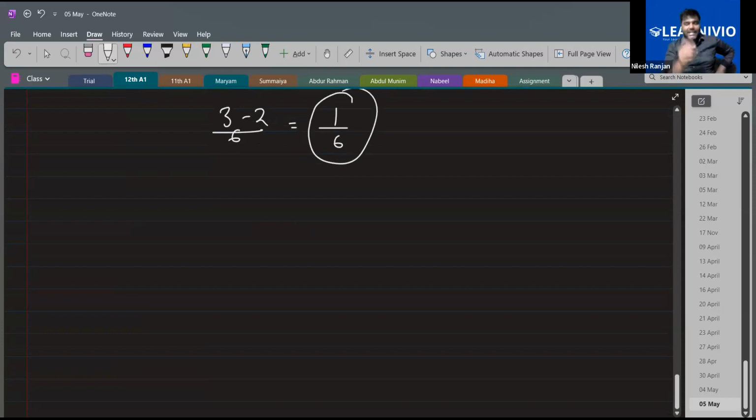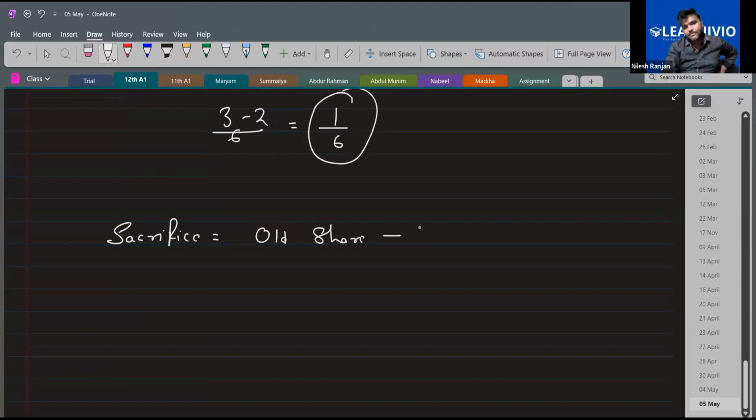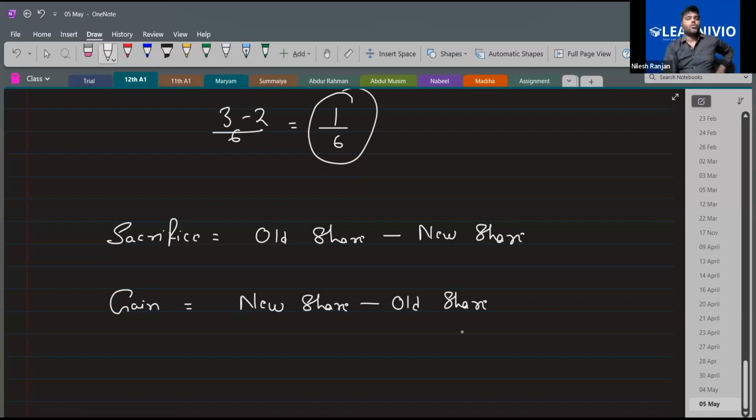Now, this is the gaining and sacrificing ratio. The formula of sacrifice is old share minus new share, and the formula of gain is new share minus old share.